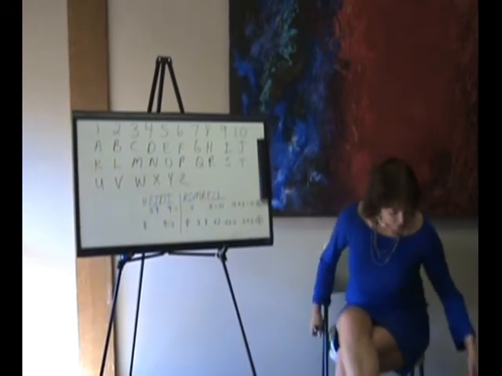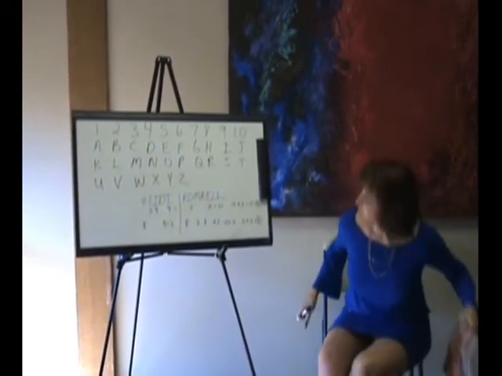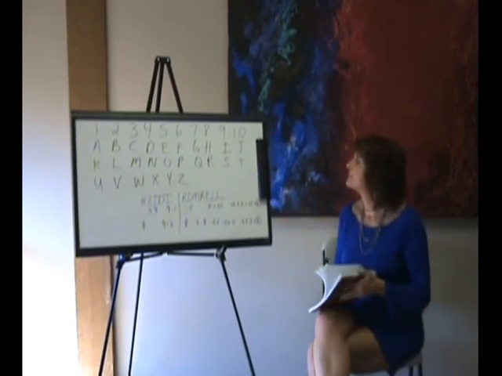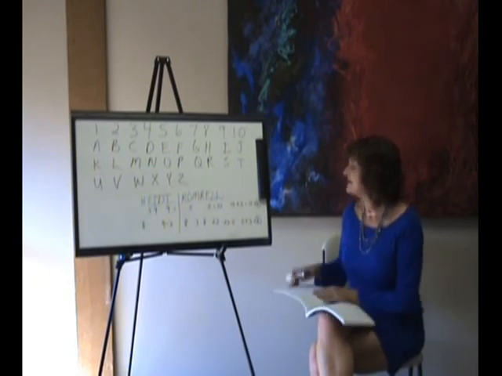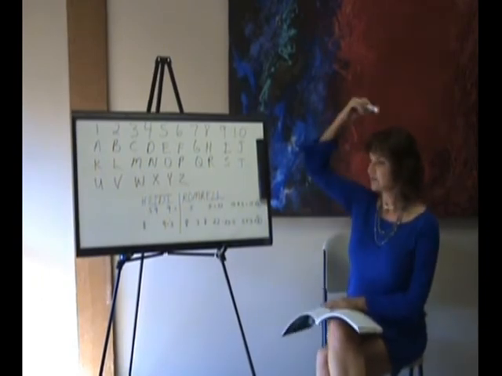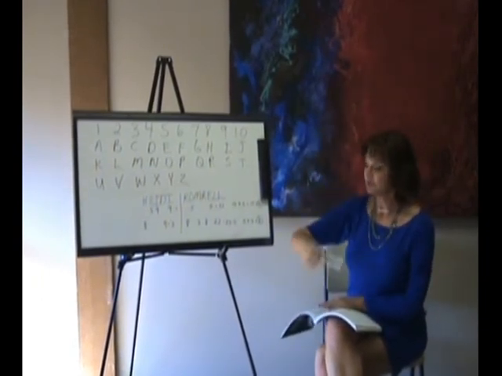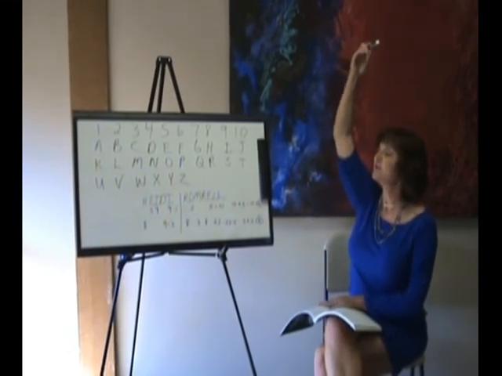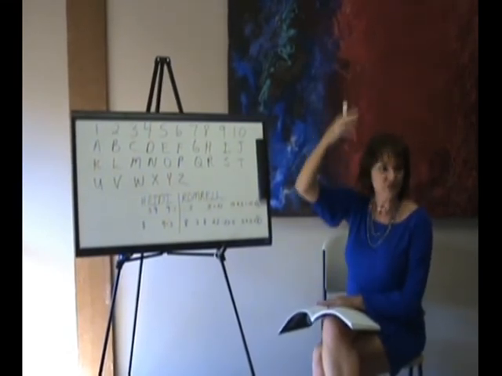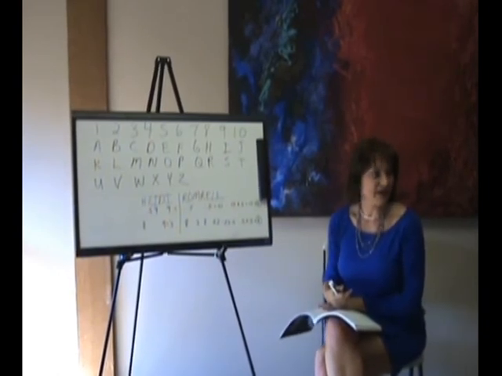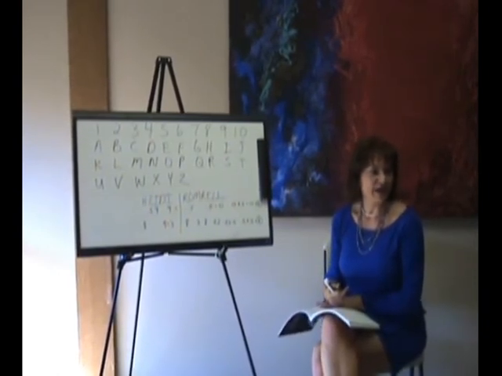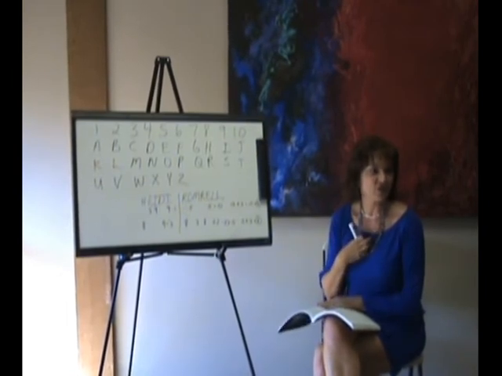The other one is the dream number. The dream number is an 8, and the dream number being an 8 says that your dream is as above, so below, as below, so above. Your dream is to have that balance between those two sides. You really want to bring heaven to earth, you want to bring earth to heaven, and have this perfect balance between those two centered in your heart.